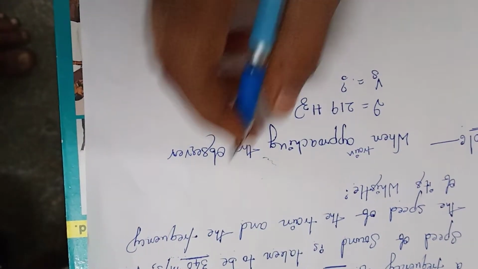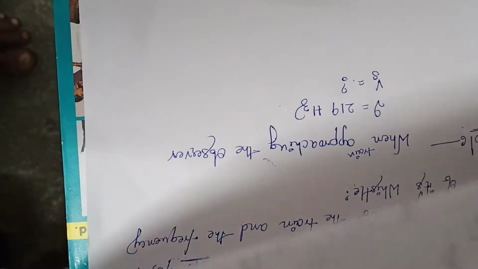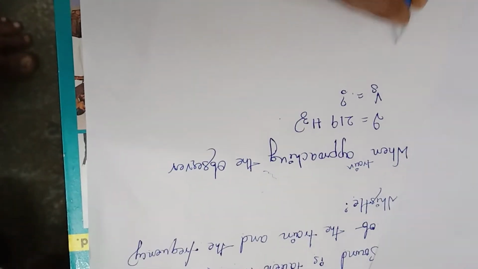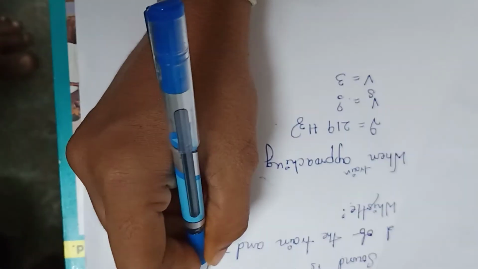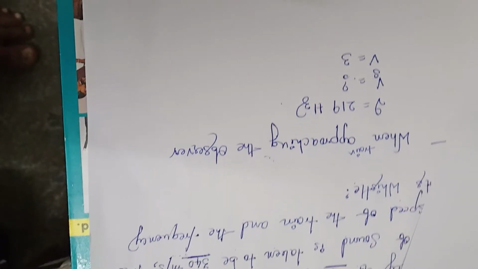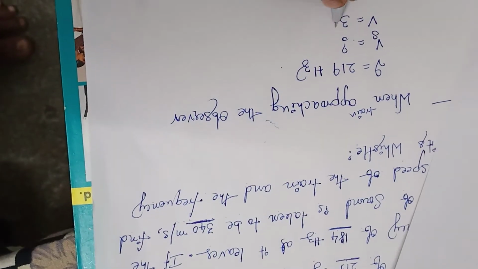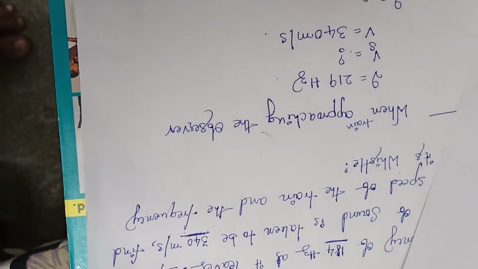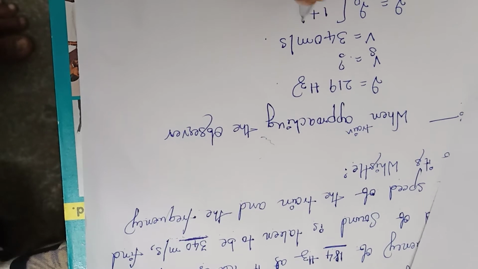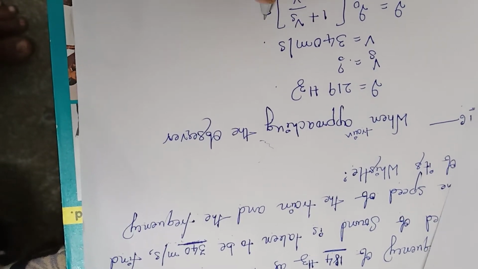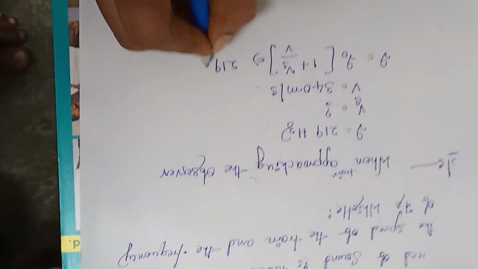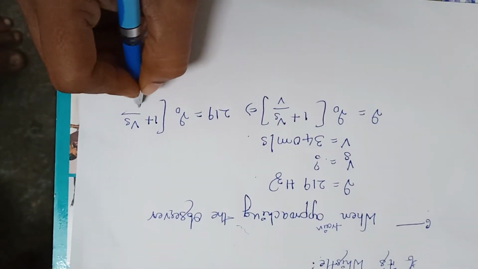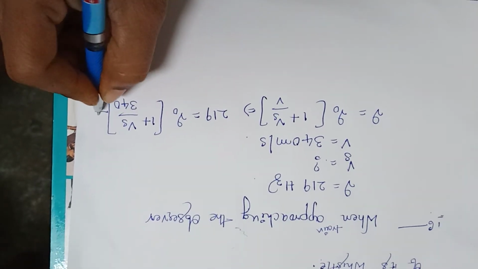And v is the speed of sound, so v equals 340 meters per second. So nu equals nu naught into 1 plus vs by v, that is 219 equals nu naught into 1 plus vs by 340. This is the first equation.